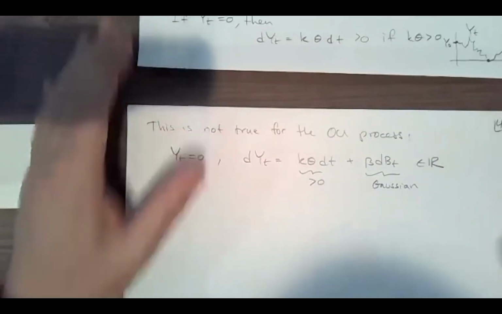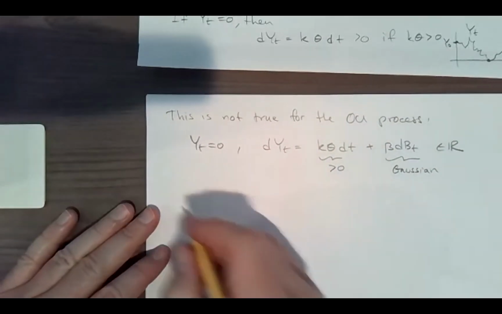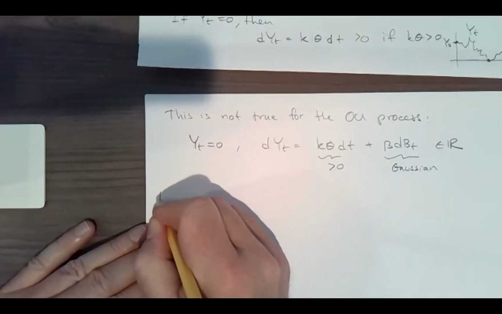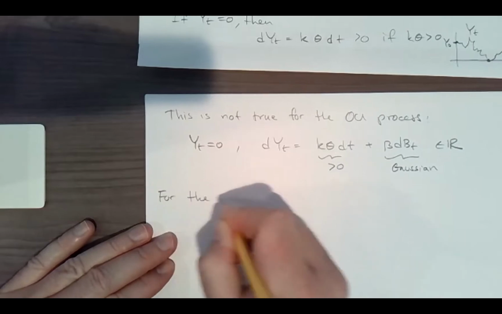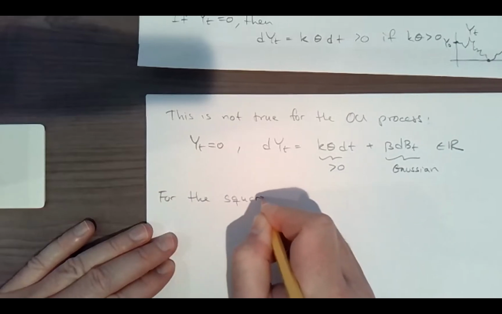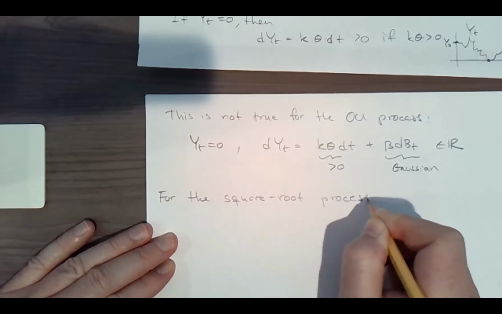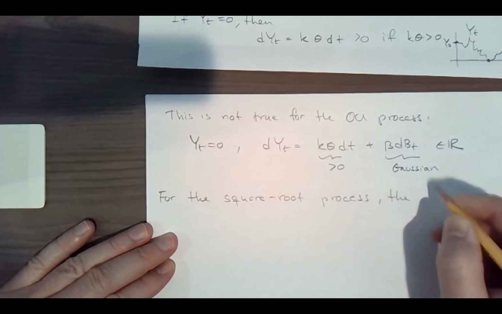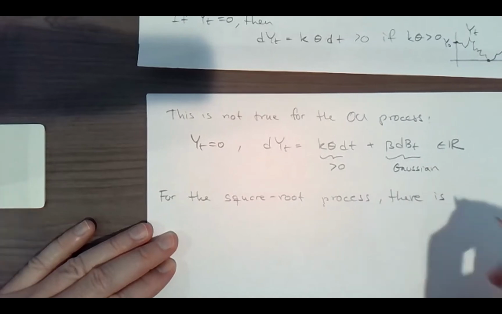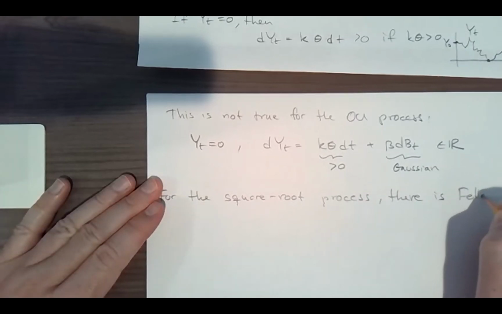There is a condition that comes up for the square root process, and it's called Feller's condition.